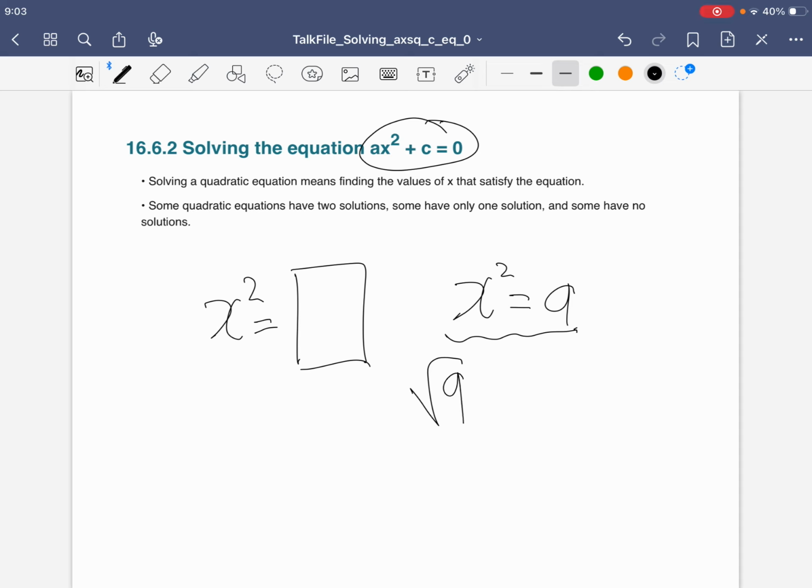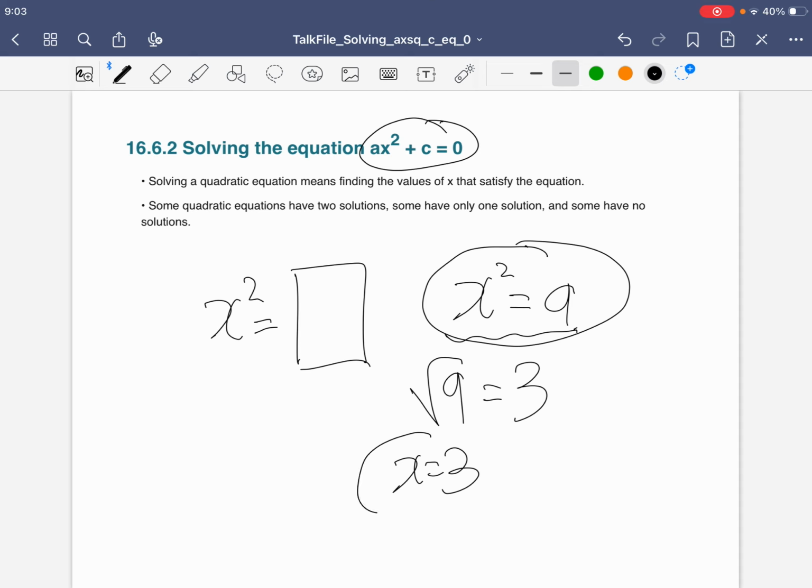everyone knows that square root 9 equals 3, but we have an extra step to take. When you think about this equation, when x equals 3, try putting 3 into x, then you get 3 times 3, it is 3 squared, then it's 9. So it satisfies this equation. But there is one more number that satisfies this equation.